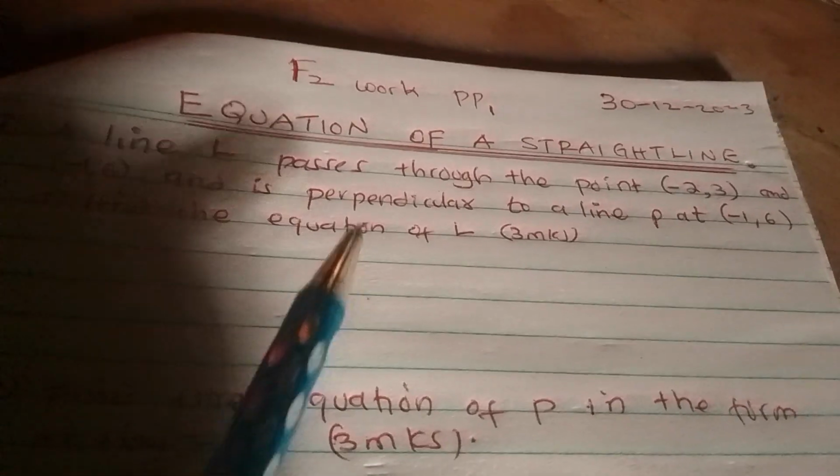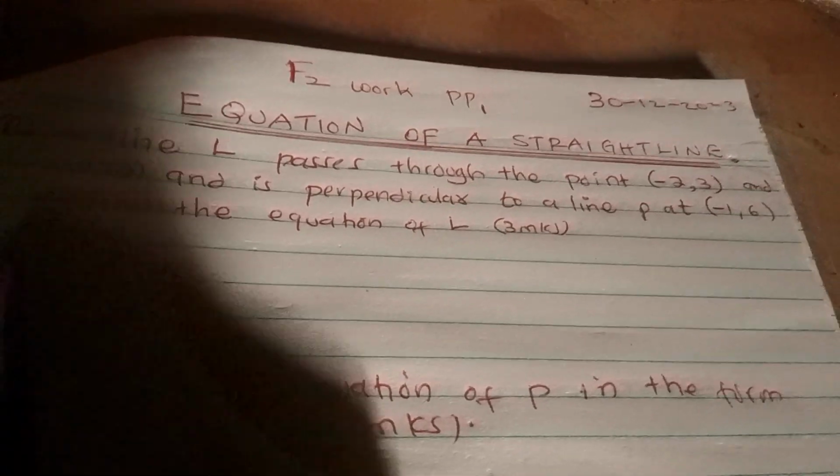So equation of L. So the first thing utatafuta ni gradient. The first thing you find is the gradient. Tunajua kwamba gradient is equal to change in y over change in x.